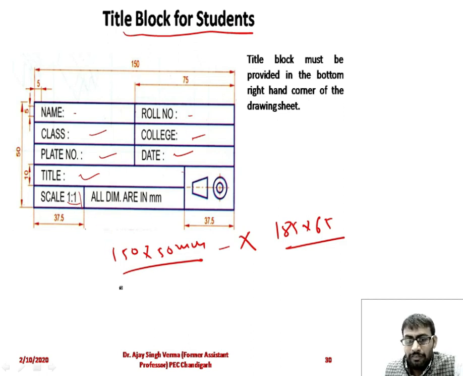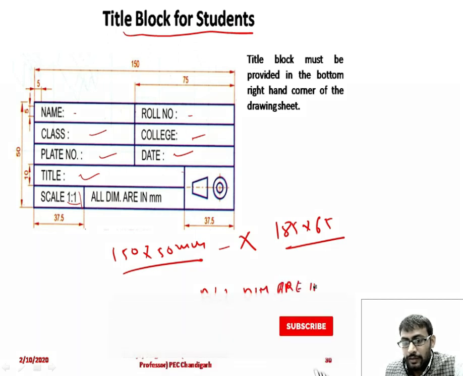This is mandatory. When we fabricate a drawing, when we plot a drawing at home as well as in your workshop, it is mandatory to write that all dimensions are in mm.